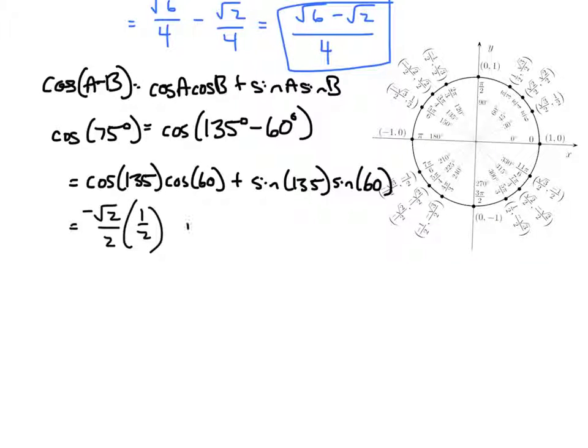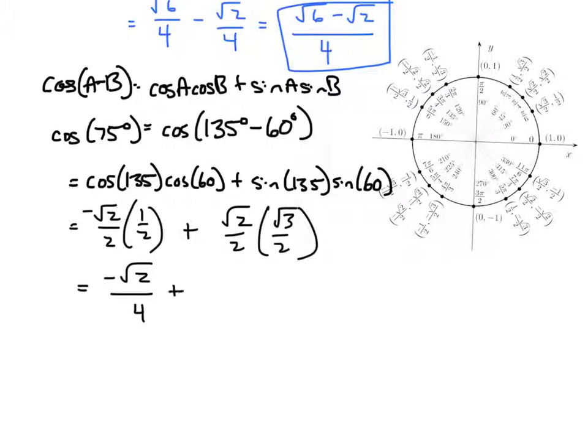And then plus the sine of 135 degrees, so the y value is positive square root of 2 over 2, times the sine at 60 degrees, which is the square root of 3 over 2. When I multiply, I've got negative square root of 2 over 4 plus the square root of 6 over 4.